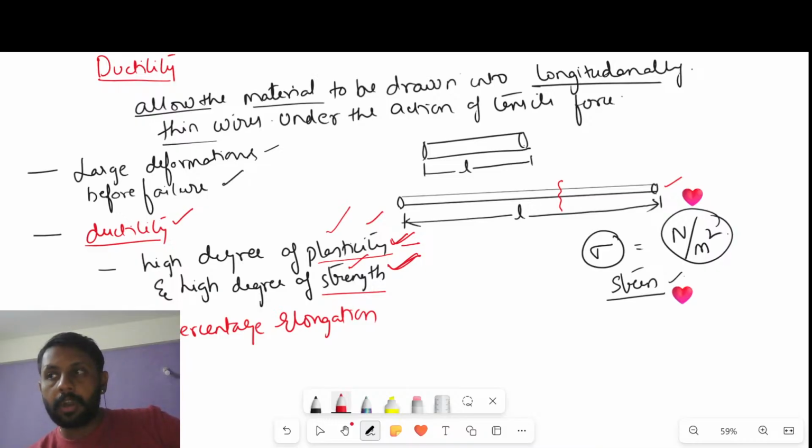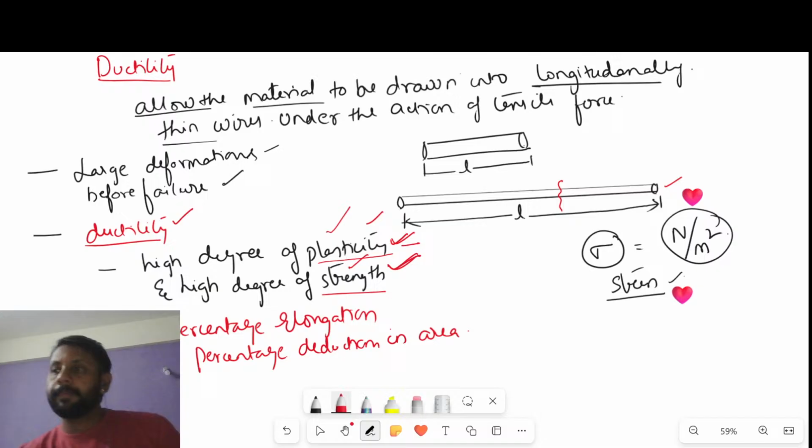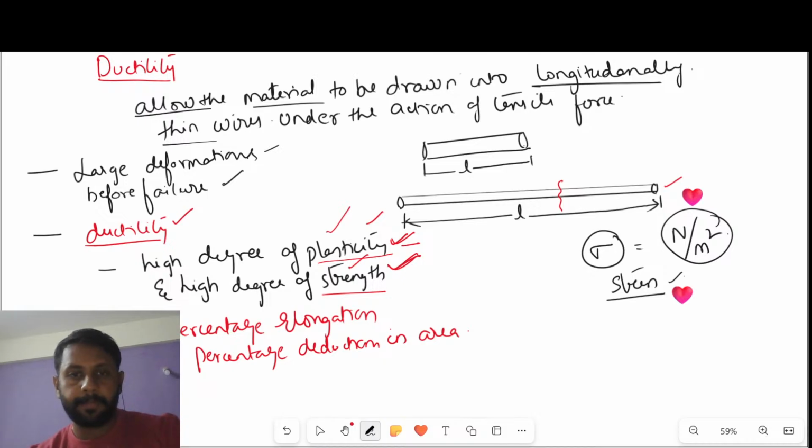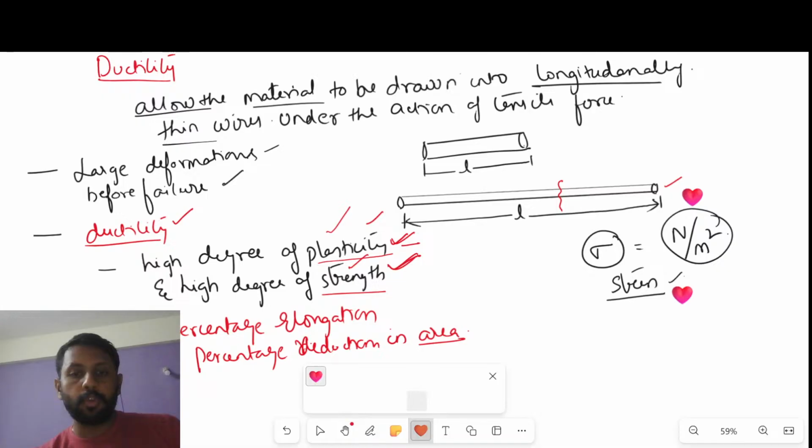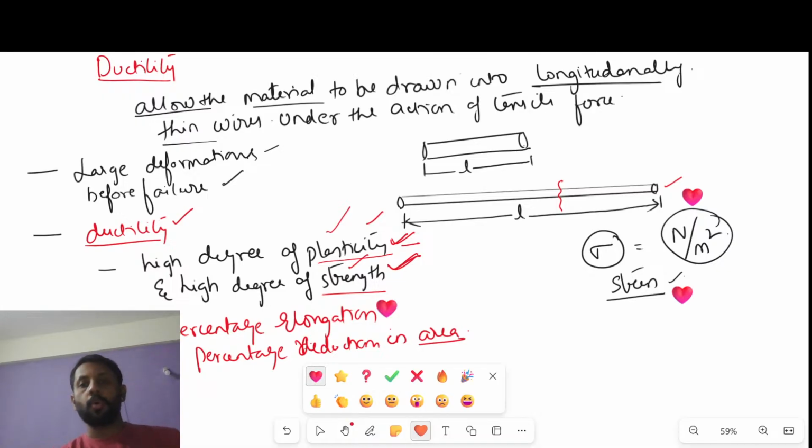Percentage elongation, or sometimes it can be measured in terms of percentage reduction in area. Most of the time you will designate it in percentage elongation only.